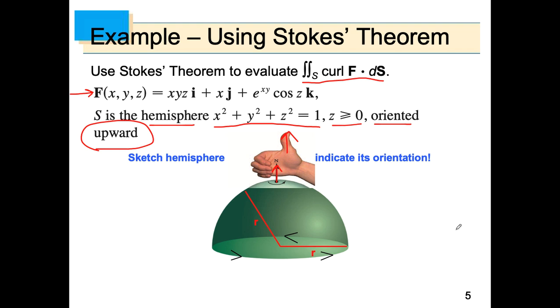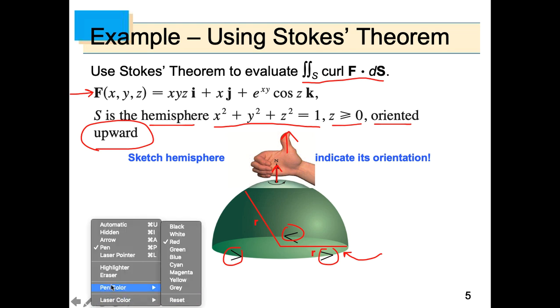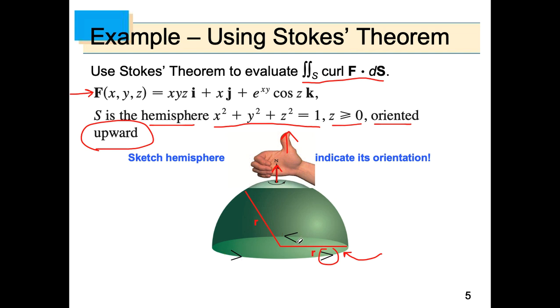Now, this is going to be our oriented surface leading us to our oriented curve. And that's going to be very important. Because we're using a hemisphere, and because it leads us to this oriented curve at the floor, keep in mind that the curve on the floor is going to be a circle. So simply replace z here with 0, and you'll get that circle on the floor.